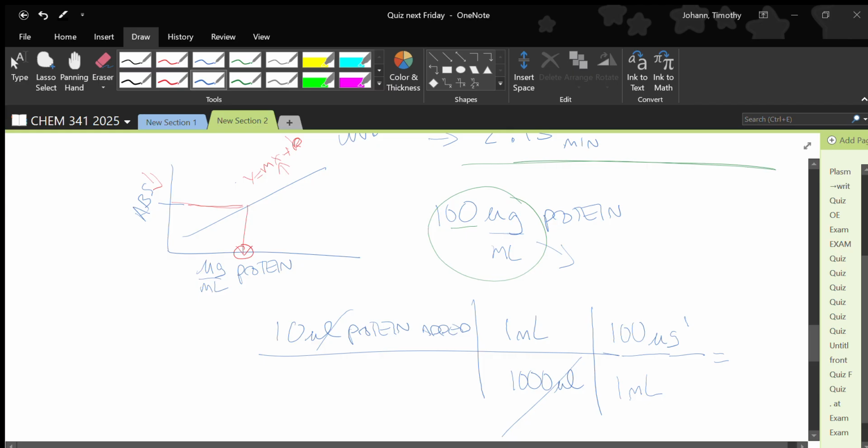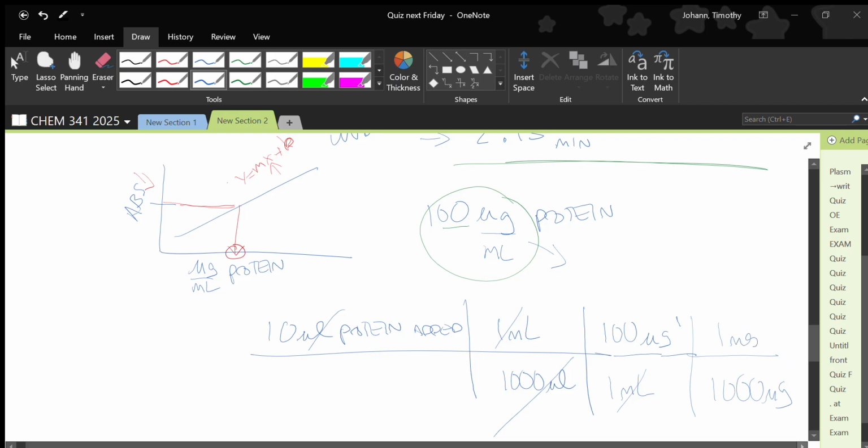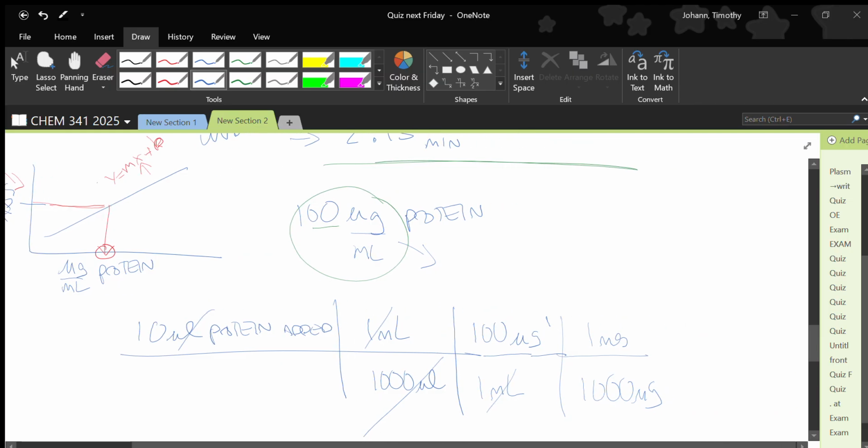Does that make sense? So milliliters goes away, and now it's going to tell me how many micrograms of protein I added. Actually, we need to convert that to milligrams, because it needs to be milligrams of protein up above. So if I have 1,000 micrograms, I have 1 milligram. Okay, does that make sense?